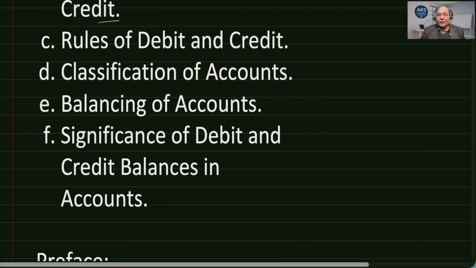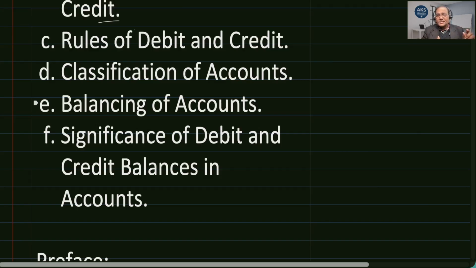Now, the significance of debit and credit balances. What is the meaning of a particular account showing a debit balance? Assets will show a debit balance, meaning there is an asset owned by the business. If the business has a liability, it will show a credit balance.